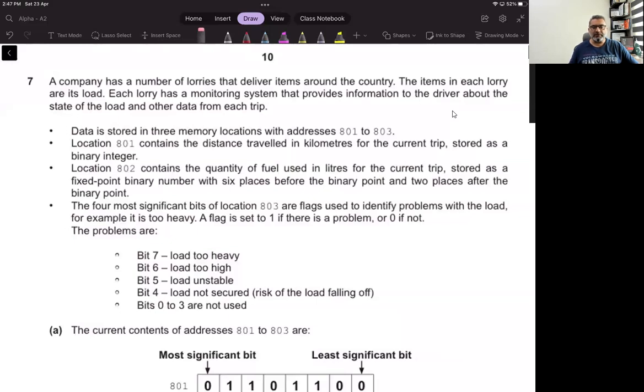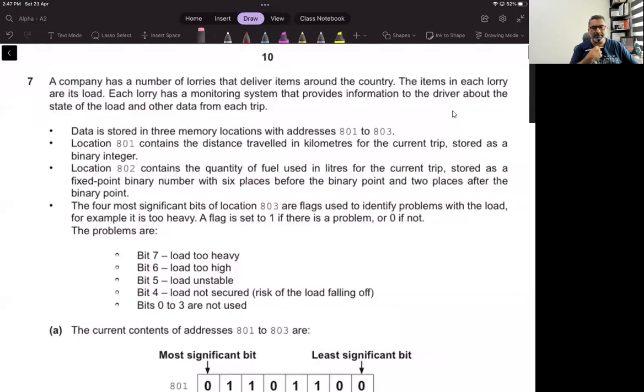The 4 most significant bits of location 803 are flags used to identify a problem with the load, for example, it is too heavy. A flag is set to 1 if there is a problem or 0 if not.